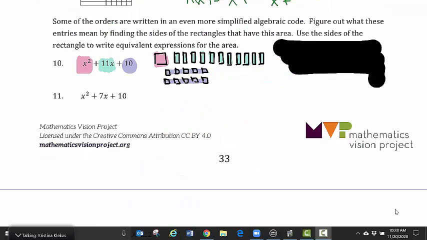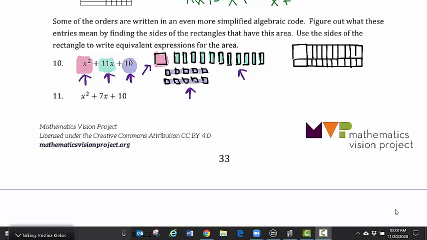So if you look at this, they've given you 1 x squared, that's right here, 11 rectangles, 11 x's, and 10 little squares. And they're asking you to move those around to make a quilt. If you did this carefully, you would get something like this.